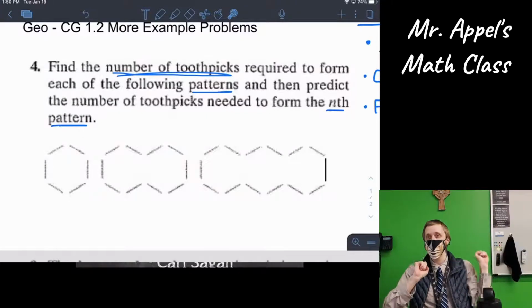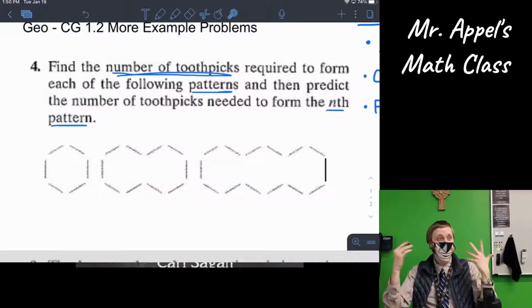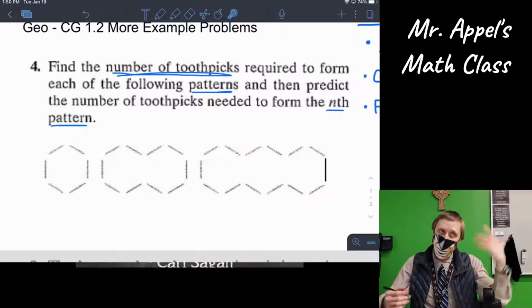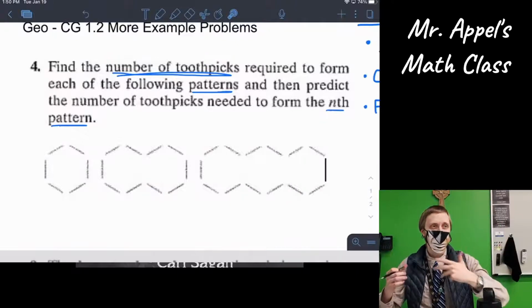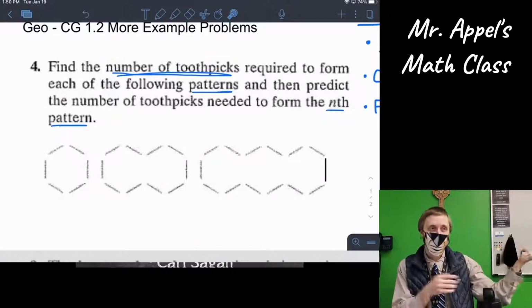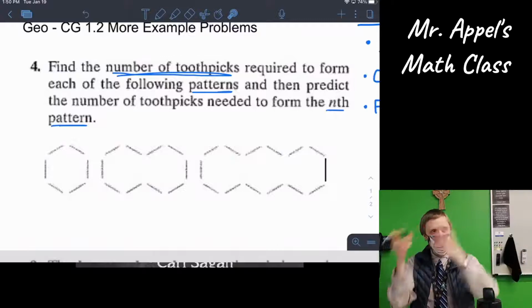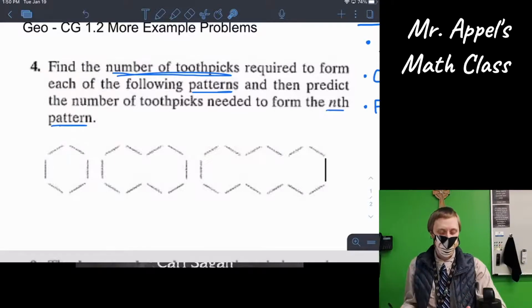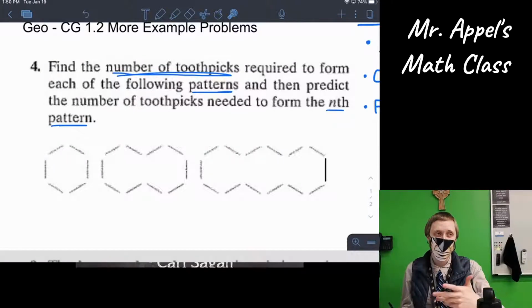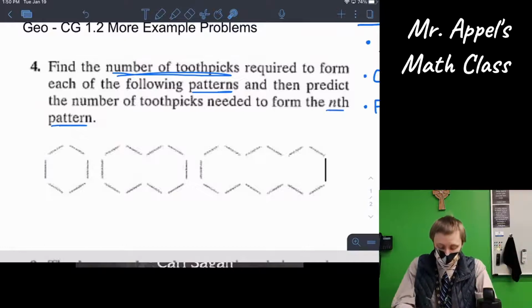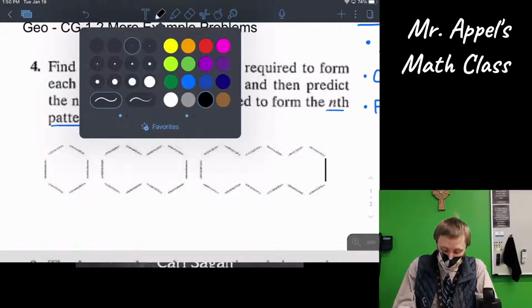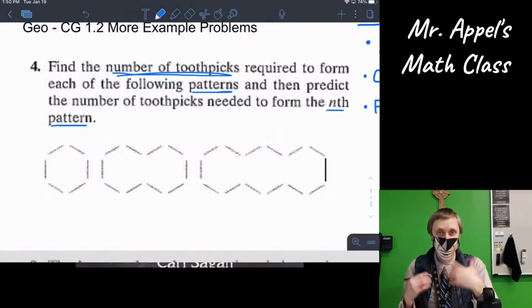How many toothpicks for the squares? So it might help if we could remember our experience from that. Hey, what strategies, what formulas, what worked from that problem that we could apply to here? If you don't remember any of that, that's okay. We'll start from scratch. But all of that experience helps shorten the deal, right?